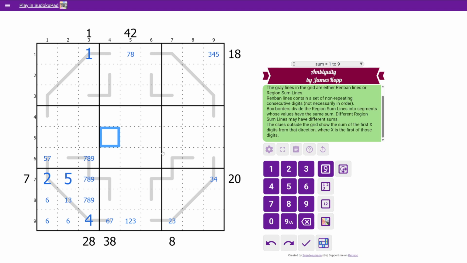What now? What now? Maybe more on this guy? No, I've done absolutely nothing up there. That wouldn't even make sense. If this was 3, this is 9, 8. This must be 7.